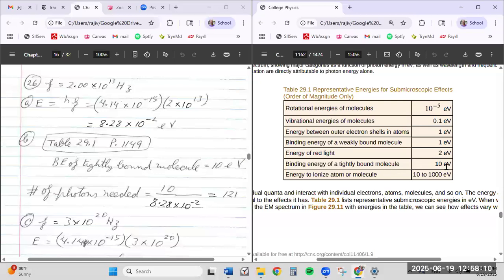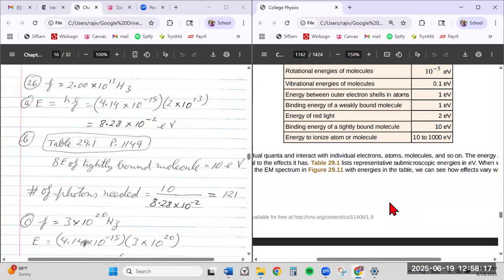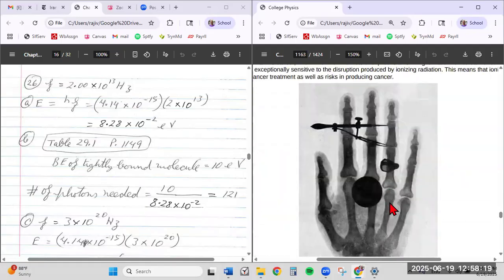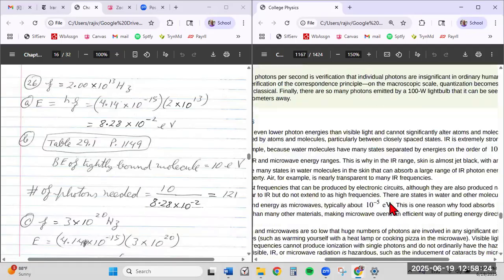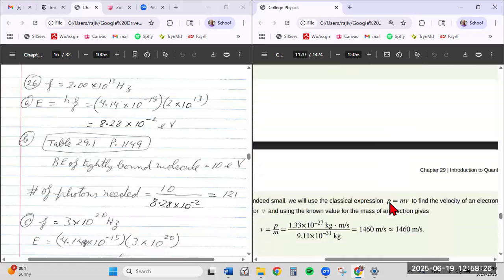The binding energy of a tightly bound molecule is 10 electron volts. So that's what we will use. Let me get back to the problem.